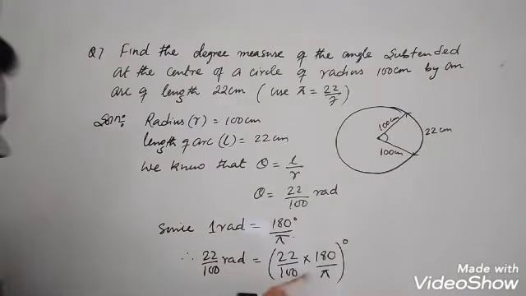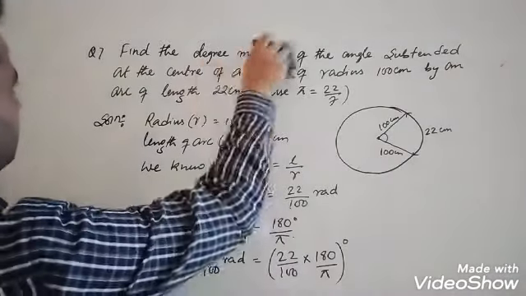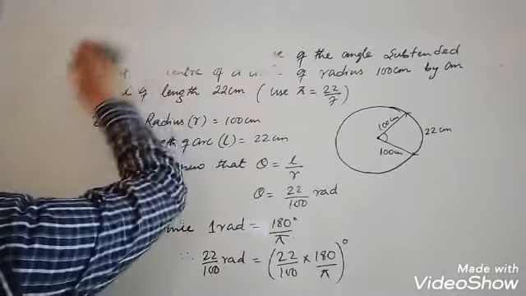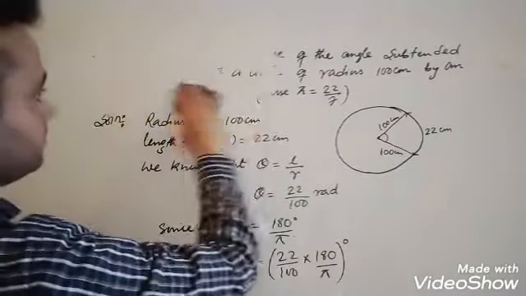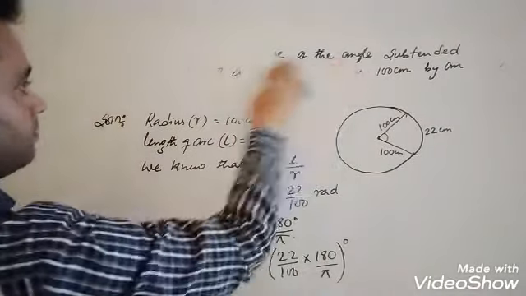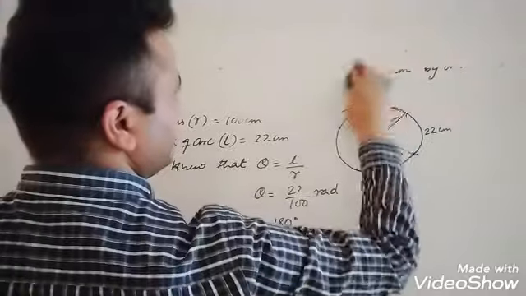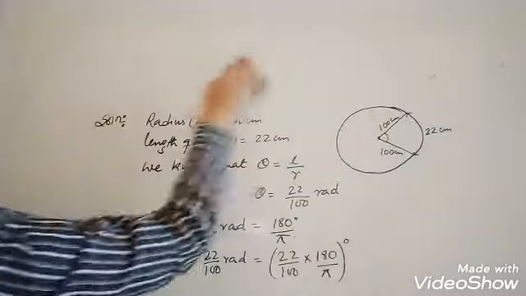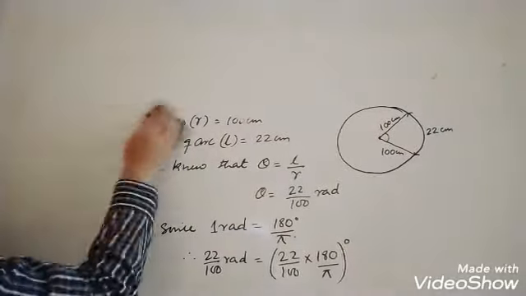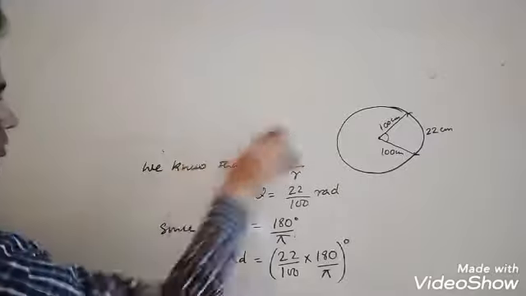Now put the value of pi, which is 22 upon 7.